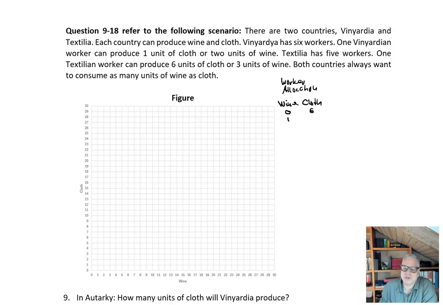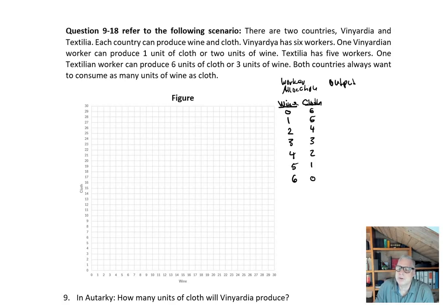But if one works at wine, only 5 can work at cloth, or 2 and 4, 3 and 3, 4 and 2, 5 and 1, 6 and 0. So those are the combinations how I can send my workers to work wine and cloth. So if we do that, what is the output?